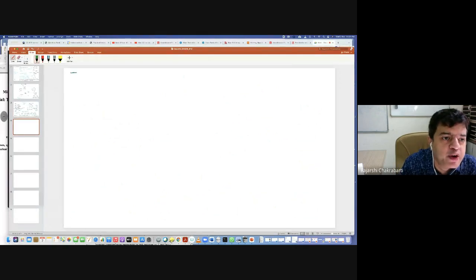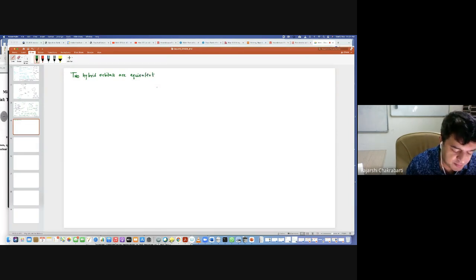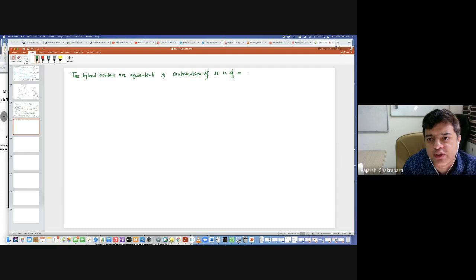Now the two hybrid orbitals, the way you're constructing them, are equivalent. If they're equivalent, what does it tell you? It basically tells you the contribution of 2s in phi 1 must be equal to the contribution of 2s in phi 2.